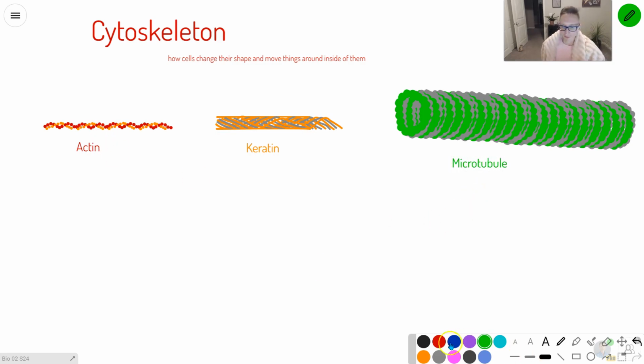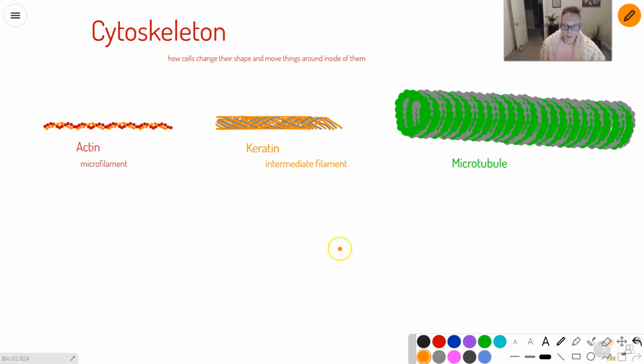Another name for this is a microfilament. This would be an intermediate filament. Pretty cool. And this was just a microtubule. Doesn't have a second name.